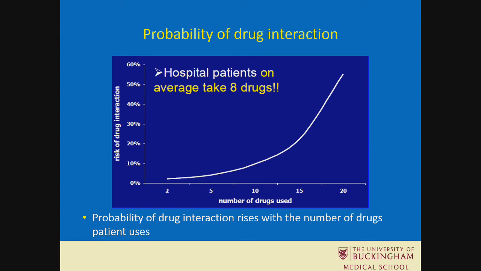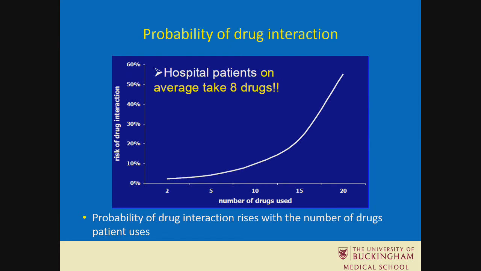Now, this slide's a little old now. I think the number is now 10. So if you're in hospital, you're likely to be on multiple drug taking. Multiple drug taking sounds a bit bad, doesn't it? You'll be prescribed lots of different drugs. I think the average is now 10. So you've got here a risk analysis of the percentage risk of a drug interaction based on the number of drugs used.